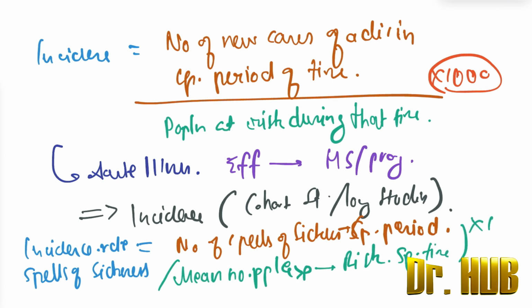The entire thing is multiplied by 1,000. So this is the incidence rate of spells of sickness.